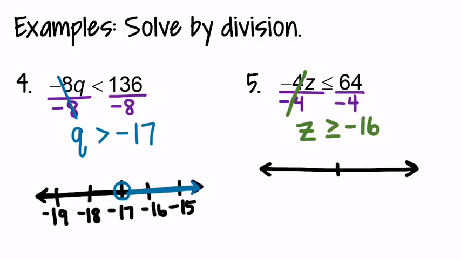So on my number line, negative 16 goes in the middle. Since it's greater than or equal to negative 16, this is going to be a closed circle, and my arrow is going to go to the right.